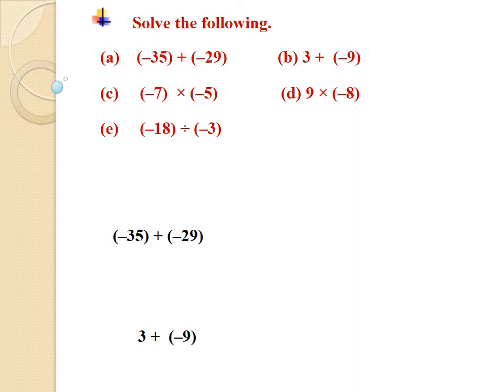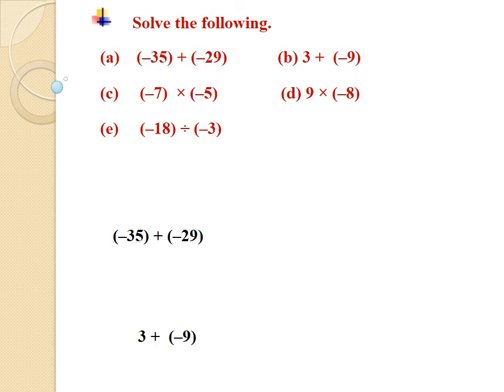Rule number 2. To find the product of two integers with the same sign, we find the product of their values regardless of their sign and give a plus sign to the product. Thus, if the two integers are of like sign, their product is positive.